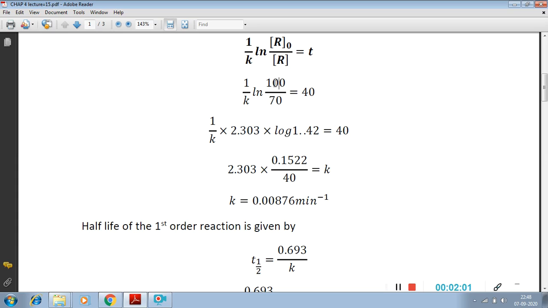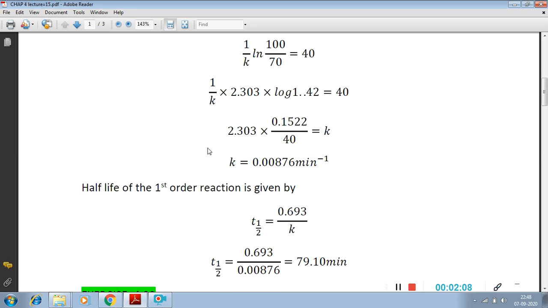Now this division, 100 divided by 70, you will get 1.42 is equal to 40. Now if you solve log 1.42, that is 0.1522. Now what I am doing here, changing the side of K and 40 here.